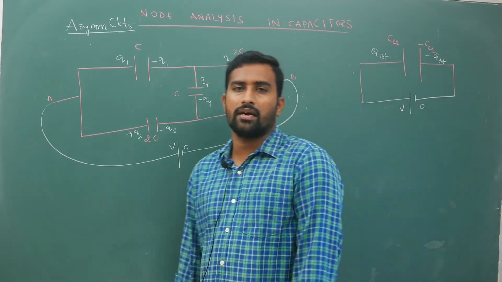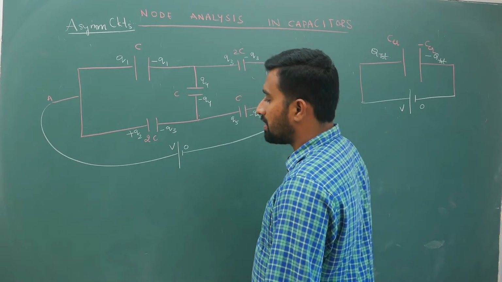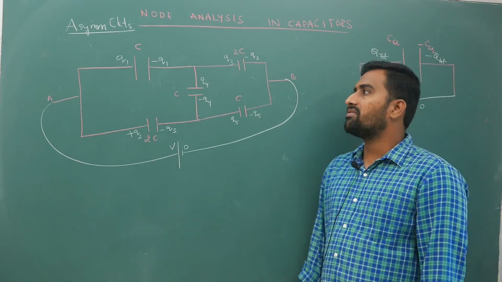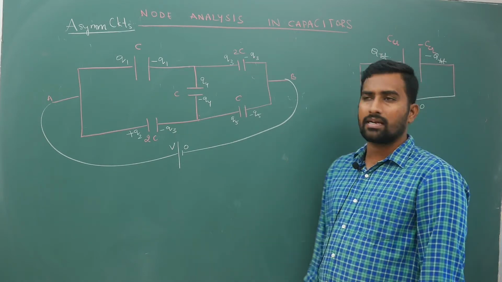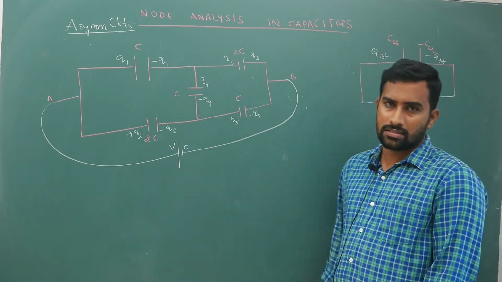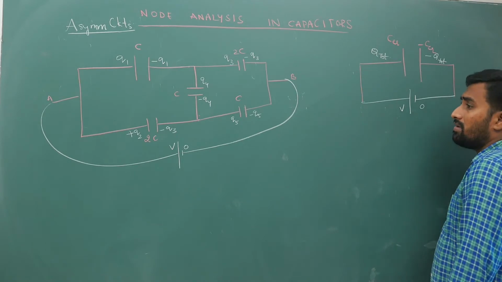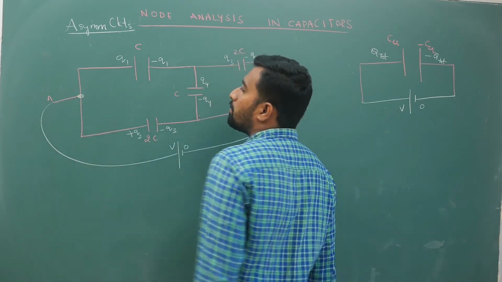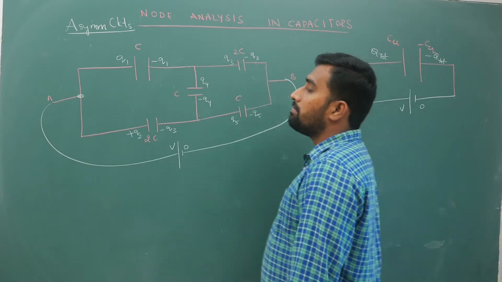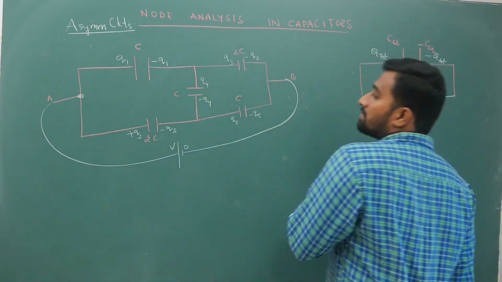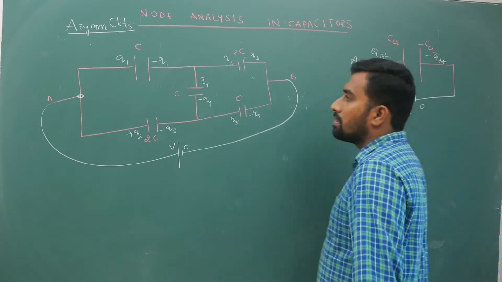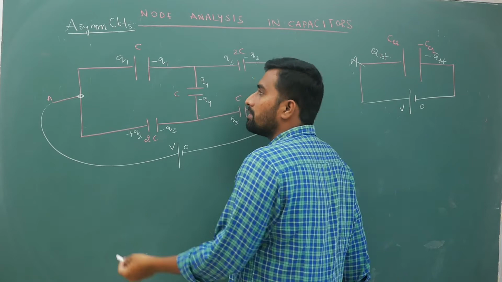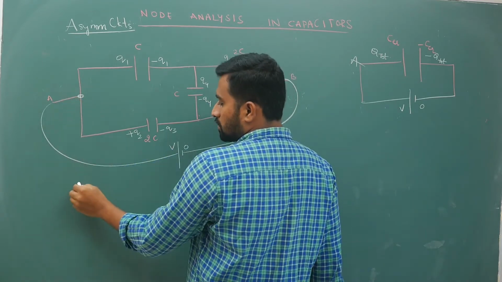So what have I done? First step is connecting the battery. Second step is marking the currents, or indirectly marking the charges. If you look at this point A, Q total charge will come through A. Here also it is kind of nodes only.